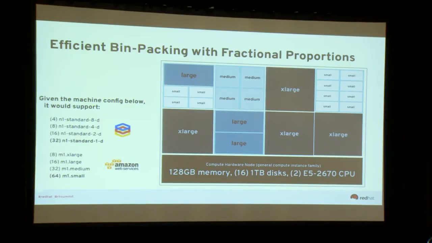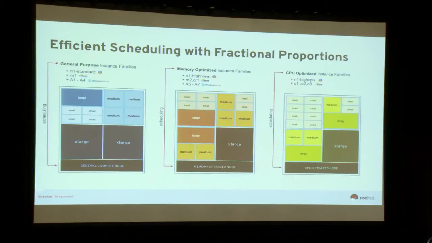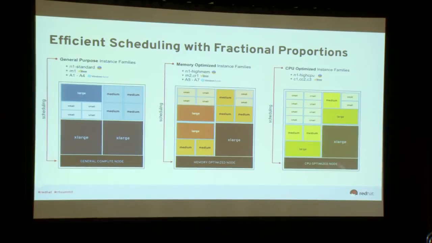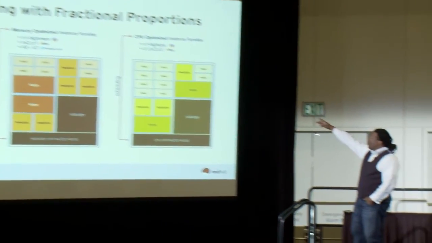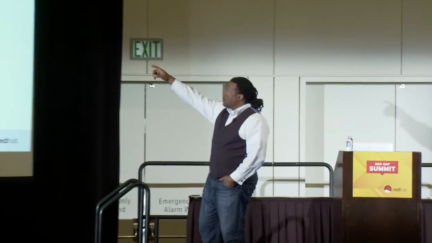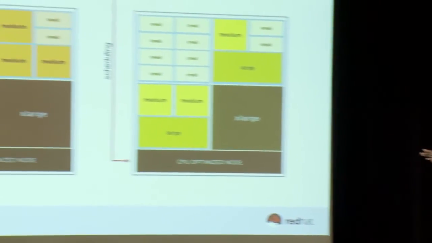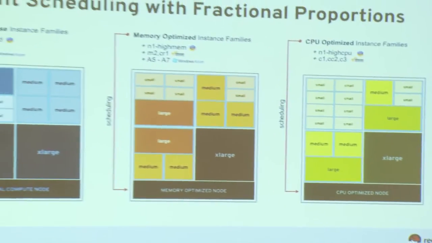And then for the different resources of contention, you'd have a compute node configured to solve for compute optimization. If you look at the top, you'll see that Google and Amazon do this today. On the CPU optimized instance family on the right, you'll see N1 high CPU. When you request a virtual machine in that instance family, it's going to get placed on a hardware node that matches that configuration precisely. Same thing with memory optimization.